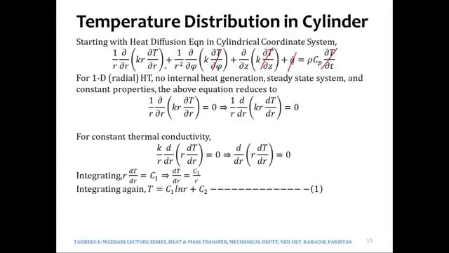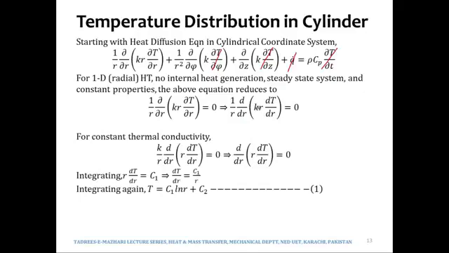So for these four conditions, the same four conditions that we had in the case of plane wall, the above equation would reduce to the first term only, (1/r) ∂/∂r (kr ∂T/∂r) = 0, and then we can replace ∂ with a d for the very obvious reason that we have discussed several times before.